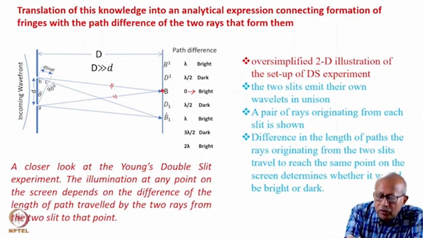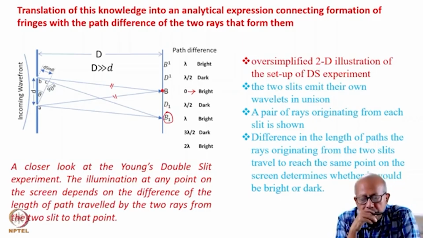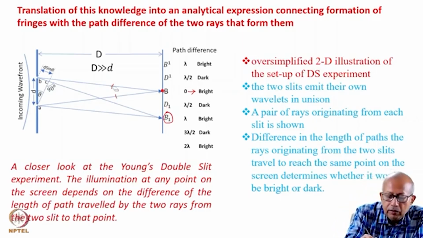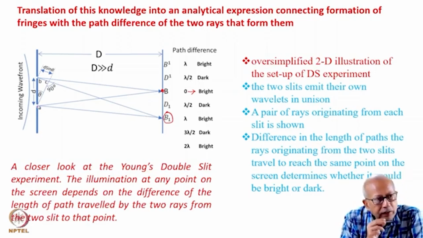Similarly, if we turn our attention to the next bright fringe below the central bright region, as you can clearly see, the ray originating from the upper slit has traveled a longer distance compared to the ray which started its journey from the lower slit.